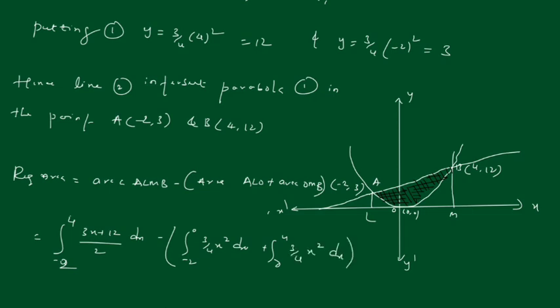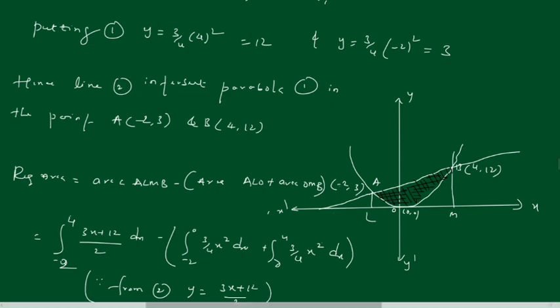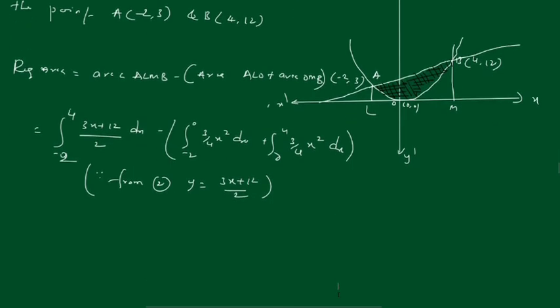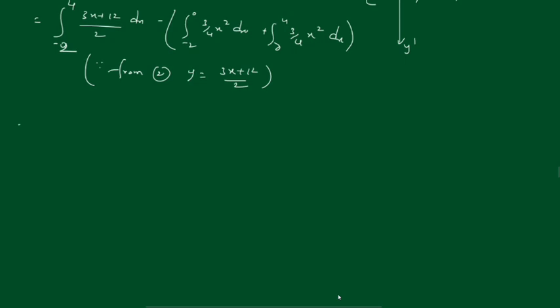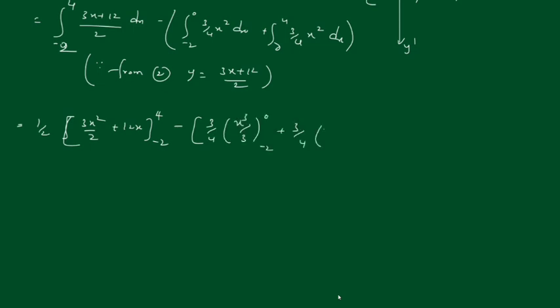From equation 2 we have y equals 3x plus 12 by 2, so now 1 by 2 outside, integration of 3x plus 12 is 3 x square by 2 plus 12x from minus 2 to 4, minus of 3 by 4 x cube by 3 from minus 2 to 0, plus 3 by 4 x cube by 3 from 0 to 4, right?